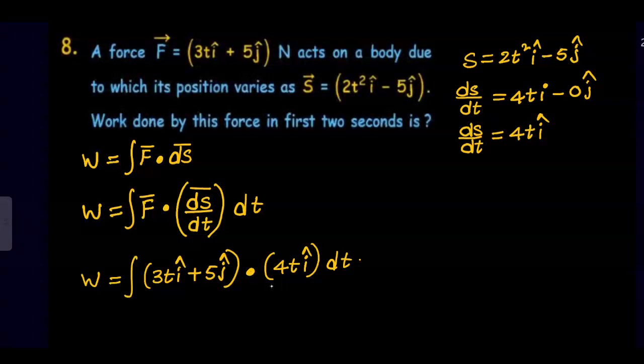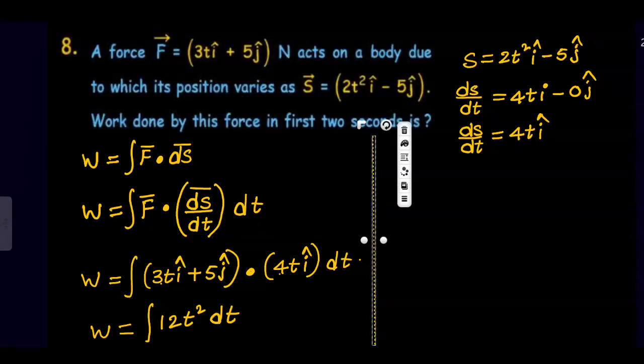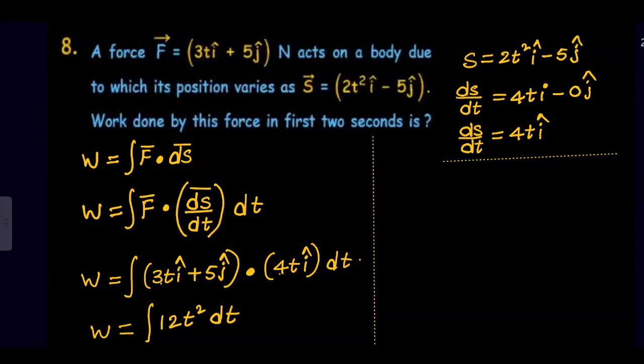So this is the integral of 4 into 3, 12, 12 t square dt. The j terms will become 0, since there is no j term in ds by dt, so 0 into 5. Only i with i, j with j, k with k will multiply.